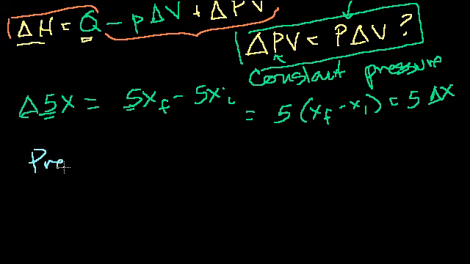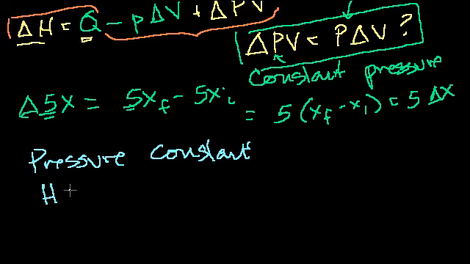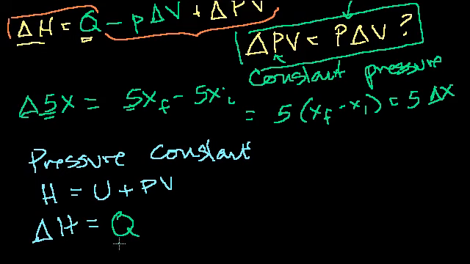If pressure is constant, then our definition, our little thing we made up, this enthalpy, which we defined as internal energy plus pressure times volume, then in a constant pressure system, our change in enthalpy, we just showed, will be equal to the heat added to the system, because these two things become equivalent under constant pressure. So I should write that. This is only true when heat is added in a constant pressure system.